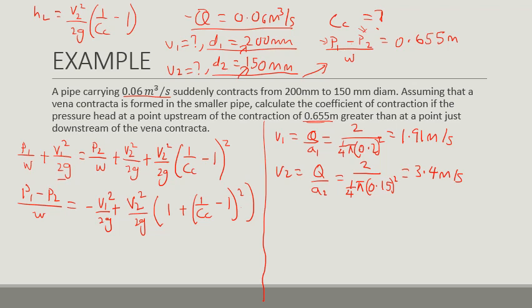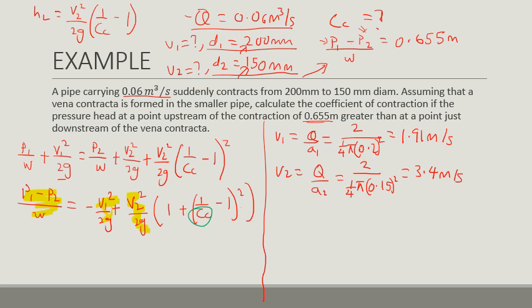So now that we have V1 and V2, what else do we need in this equation? We know this, we know this, we know this. That means that this Cc is the only unknown in the equation, so we can easily find it by substituting.